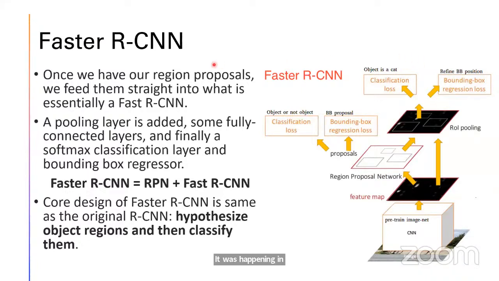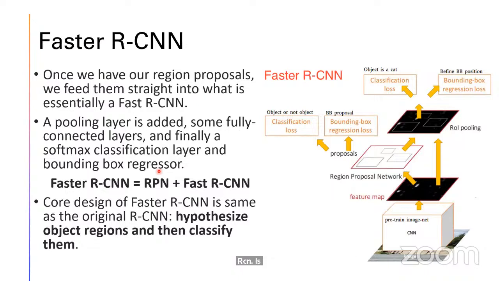So once we feed our region proposals, we feed them straight into what is essentially a Fast RCNN, right? Basically, your Faster RCNN is nothing but Fast RCNN with a region proposal network. This RPN is added inside your Fast RCNN, and that makes your Faster RCNN.